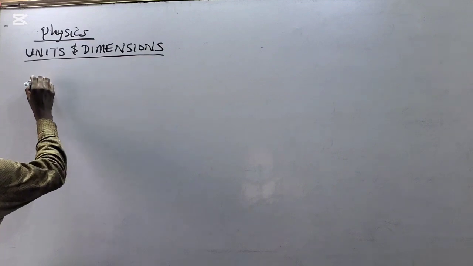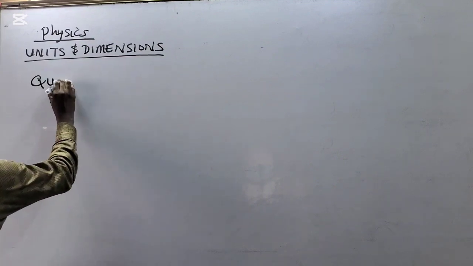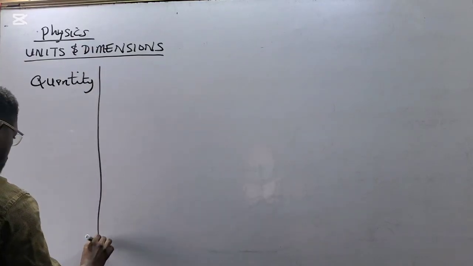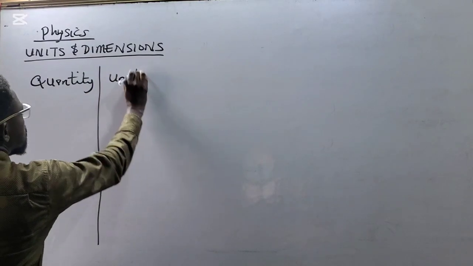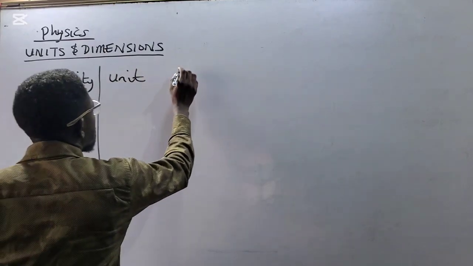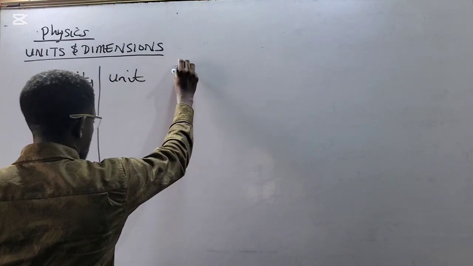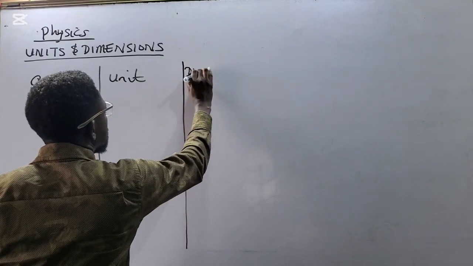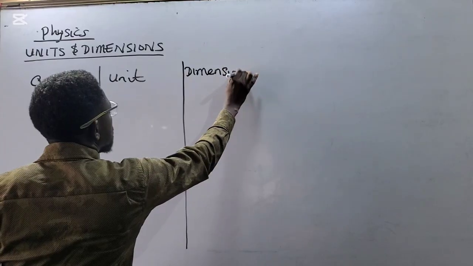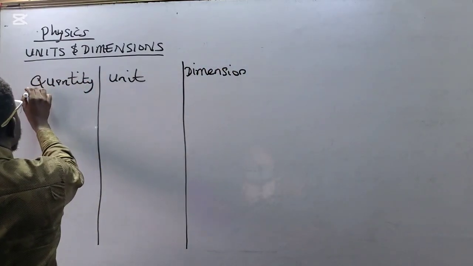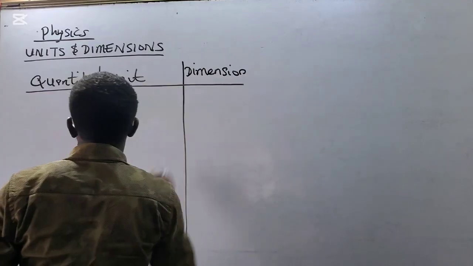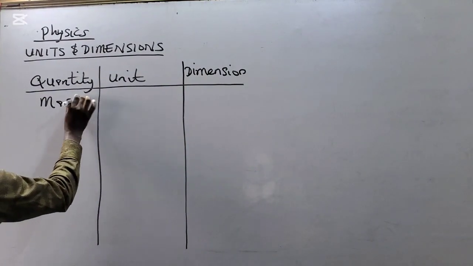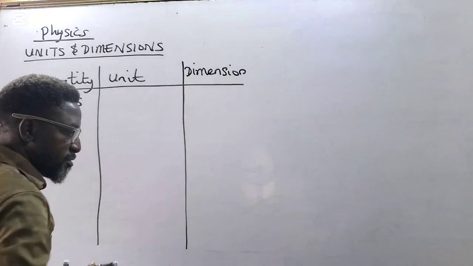So let's see what we are going to be looking at here. Quantity, units, and the dimension. The first one is mass.